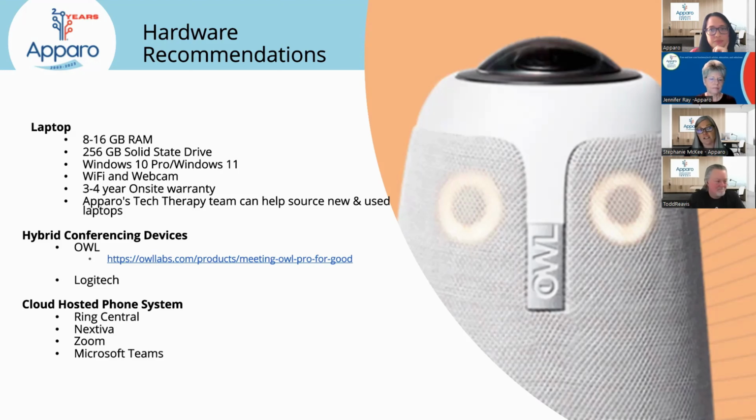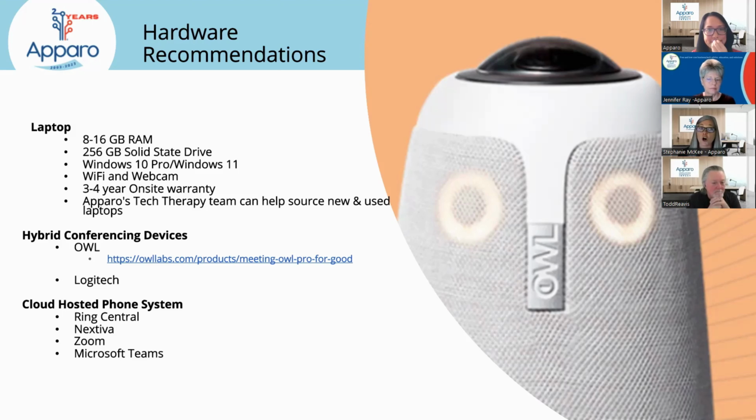The new technology is called solid state drives. They're better performing and more reliable than the older traditional hard drives. And a lot of times if we're using a cloud product to store our data in the cloud, you don't need that much hard drive space anymore.